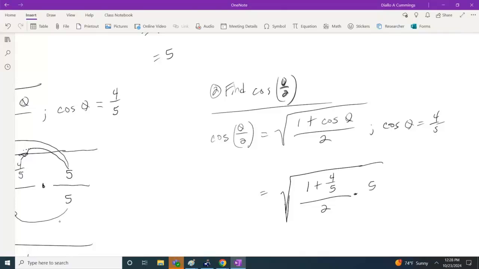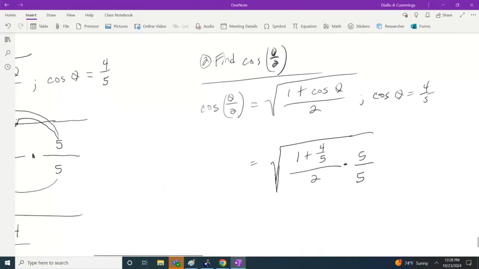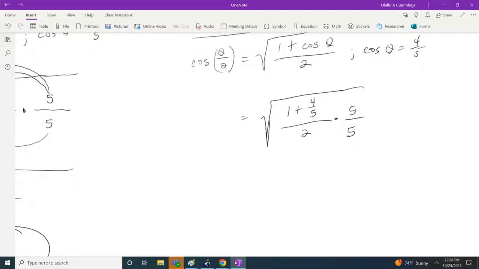And I'm going to multiply the numerator and the denominator by the least common denominator. So this is the step when you multiply the numerator and denominator by the least common denominator. This is the step that'll cut all fractions. So this is still in the square root, so I'm going to bring that down.